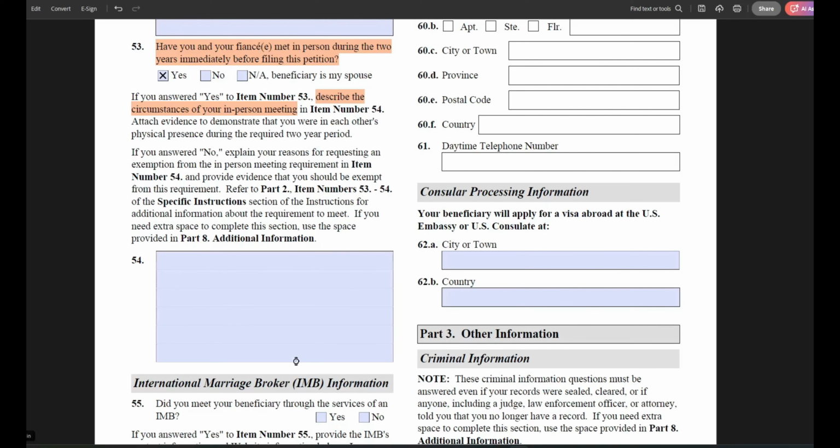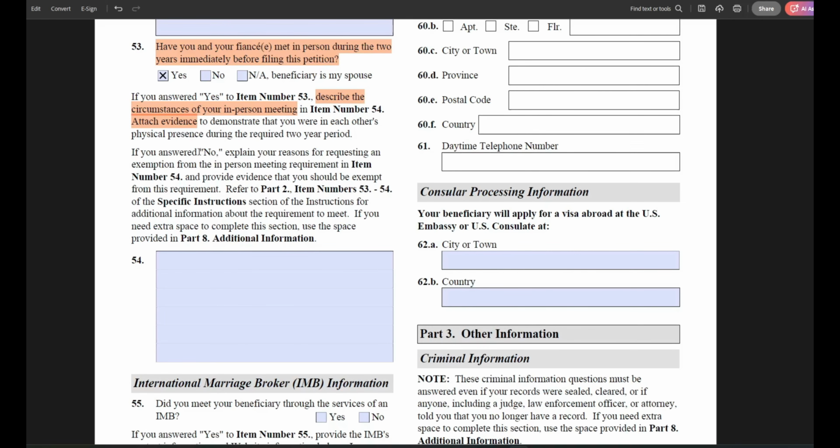If you don't have enough room to describe it here, you can use either the additional information page, or you can use the black pen or Microsoft Edge once again to decrease the text size and write that explanation here. You'll need to attach the evidence of that with your application as well.